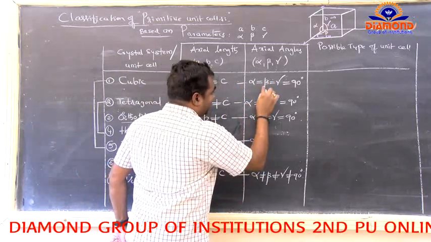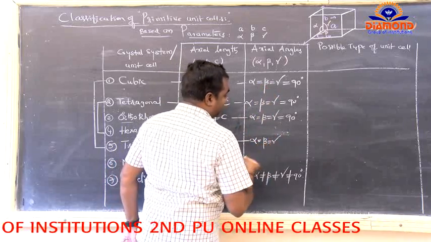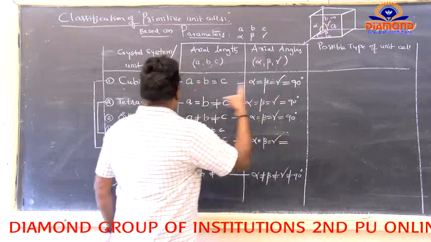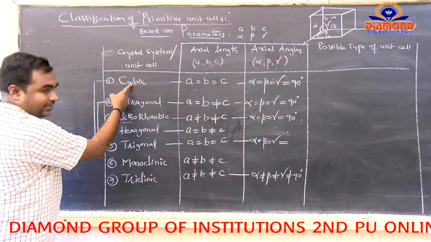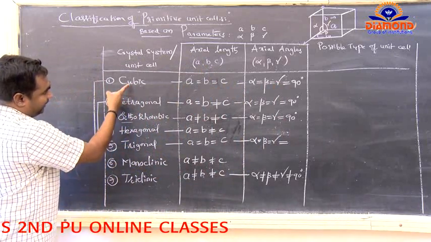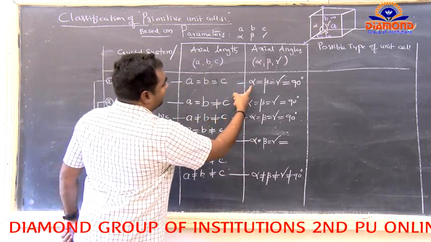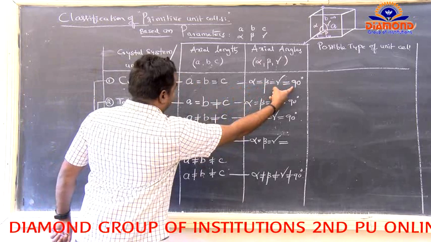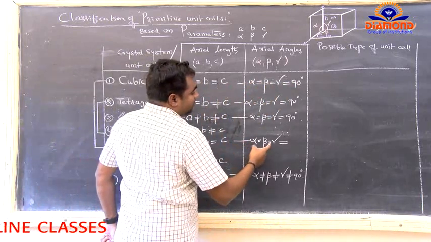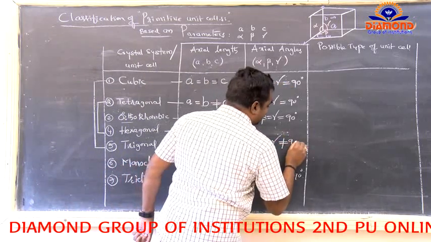Here alpha is equal to beta is equal to gamma. Comparing the cubic and the fifth one, trigonal: the cubic has alpha equal to beta equal to gamma equal to 90 degrees. In the trigonal, alpha is equal to beta is equal to gamma, but it is not equal to 90 degrees. That is the only difference.